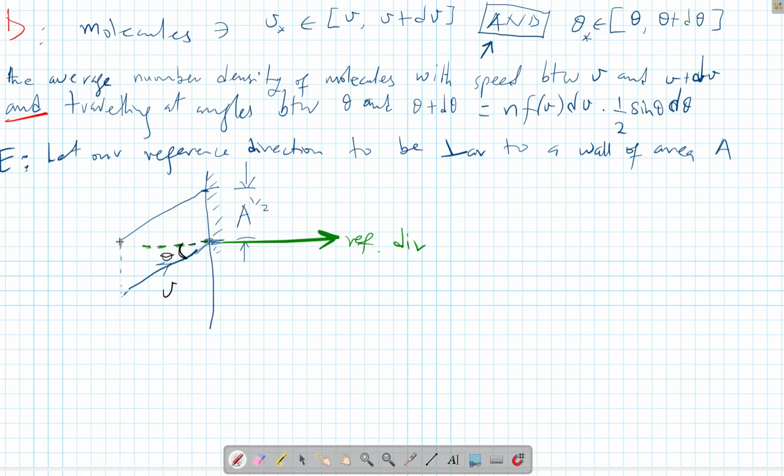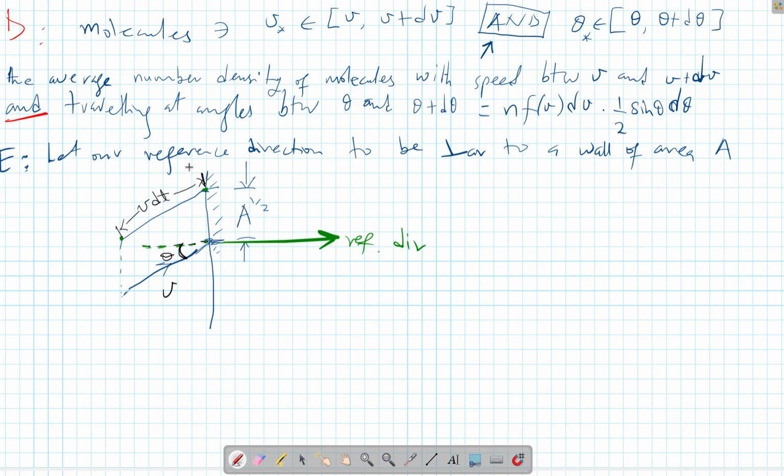So actually, for a molecule with speed v, after some time interval dt, it is going to travel a distance of v times dt. So this length, we can consider it to be v times dt.